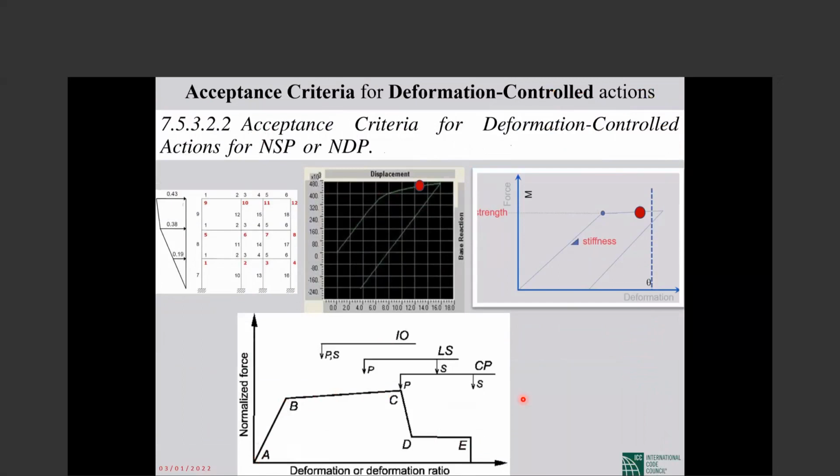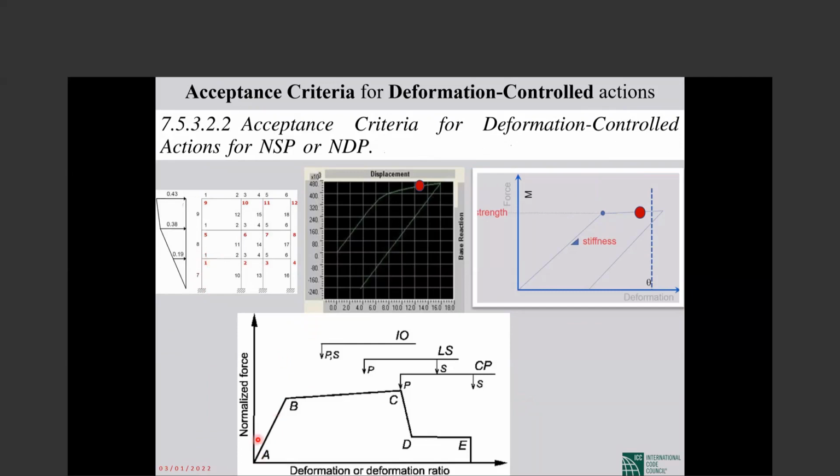When you look at this curve, you should enjoy. For a structural engineer, nothing is more enjoyable to see than how easily, for an existing building, you can find the deformation control parameter.